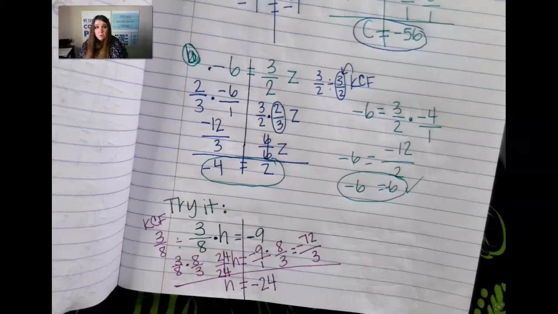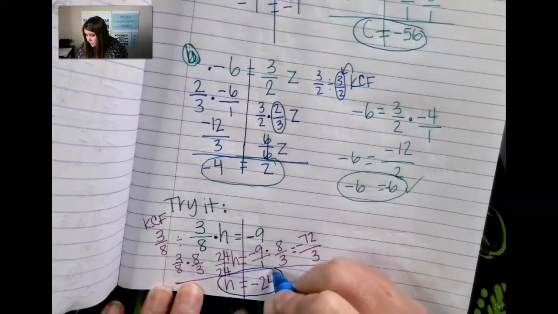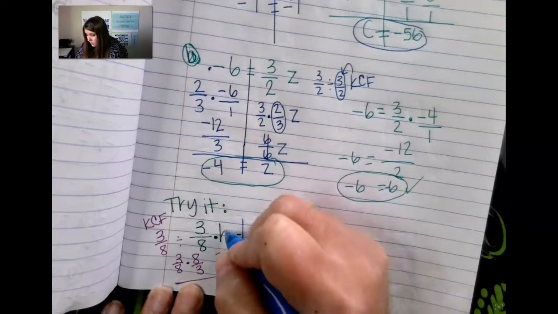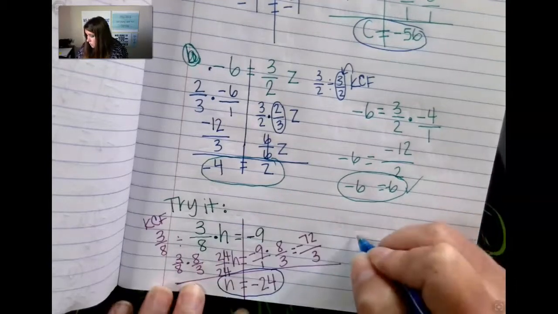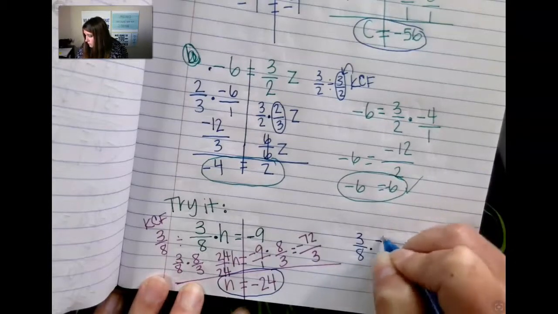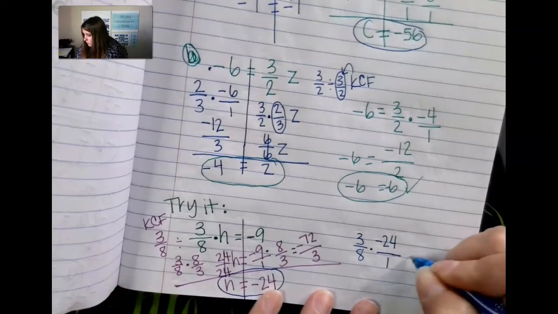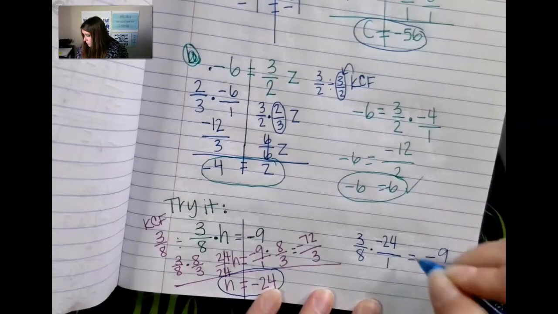Okay, how can we check to make sure that we did our math correctly? I'm sorry that this is so crazy in my notes today. We're going to take h equals negative 24 and put it in the original h. So we're going to say 3/8 times negative 24 over 1, and we're going to want it to equal negative 9.